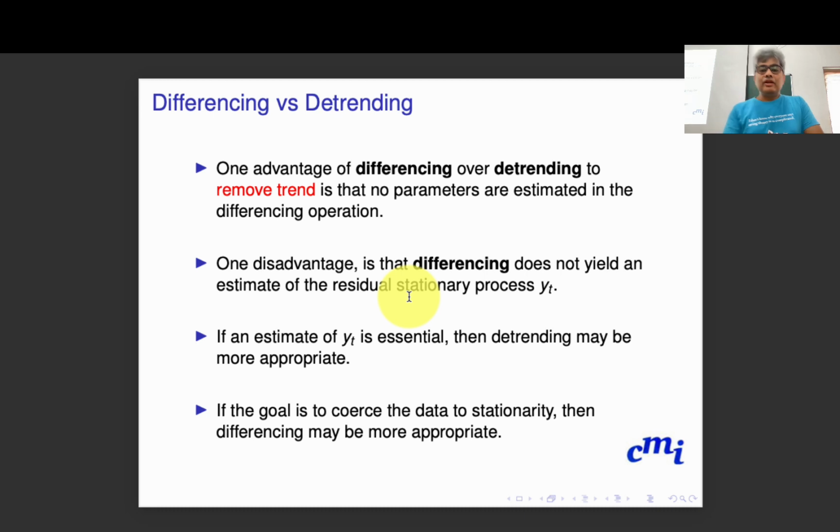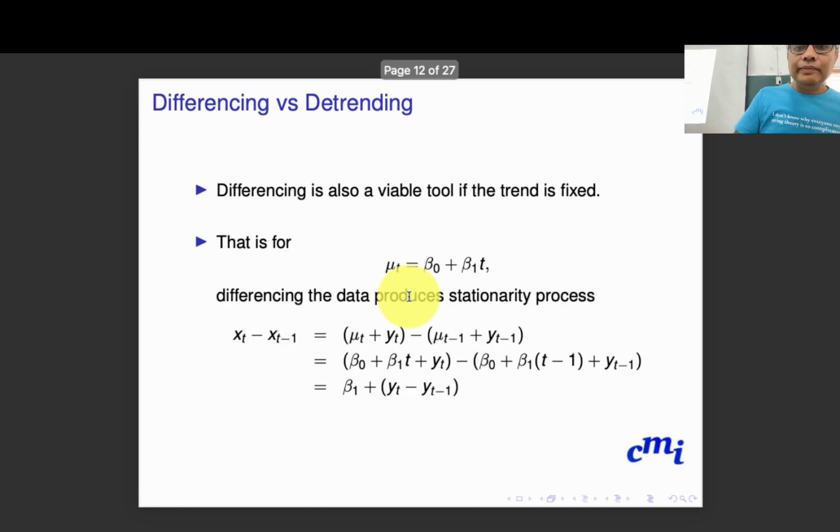If an estimate of Y_t is essential for you, then detrending may be the appropriate process. But if your goal is to coerce your data to stationarity and build a good forecasting model, then you can go for the differencing method. If you do not care that much about the residual, then go for the differencing method.